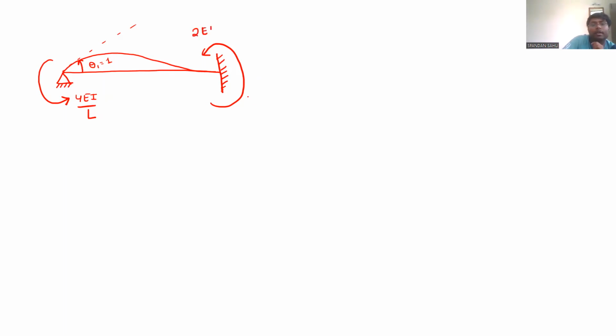It will be 2EI upon L. This 4EI upon L and 2EI upon L is trying to rotate the beam in an anti-clockwise manner. So to keep it in static equilibrium, you will get two reactions. It will be 6EI upon L square.